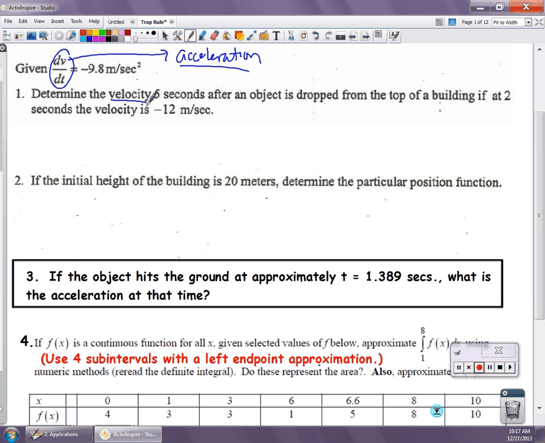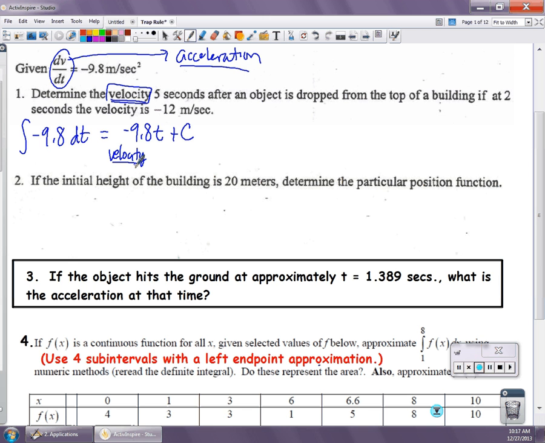First of all, we're going to need that velocity function. So I'm going to find the antiderivative of negative 9.8 dt, which will give me negative 9.8 t plus c. That is my velocity function.